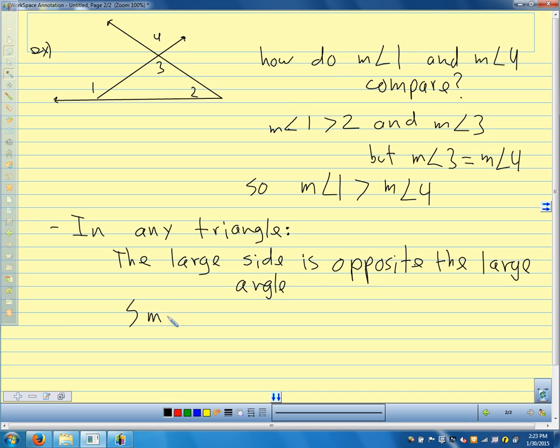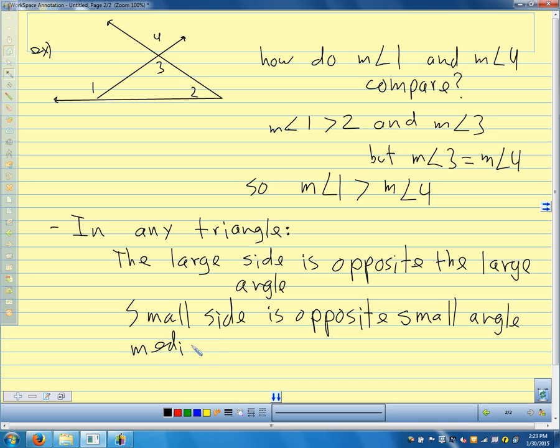The small side is opposite the small angle, and the medium side is opposite the medium angle.